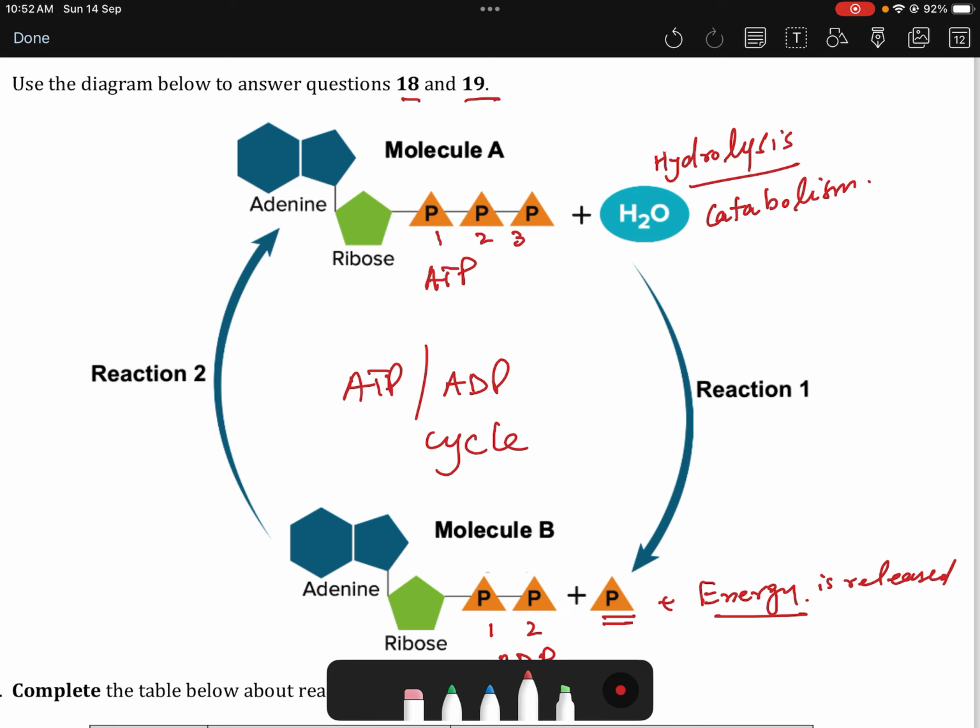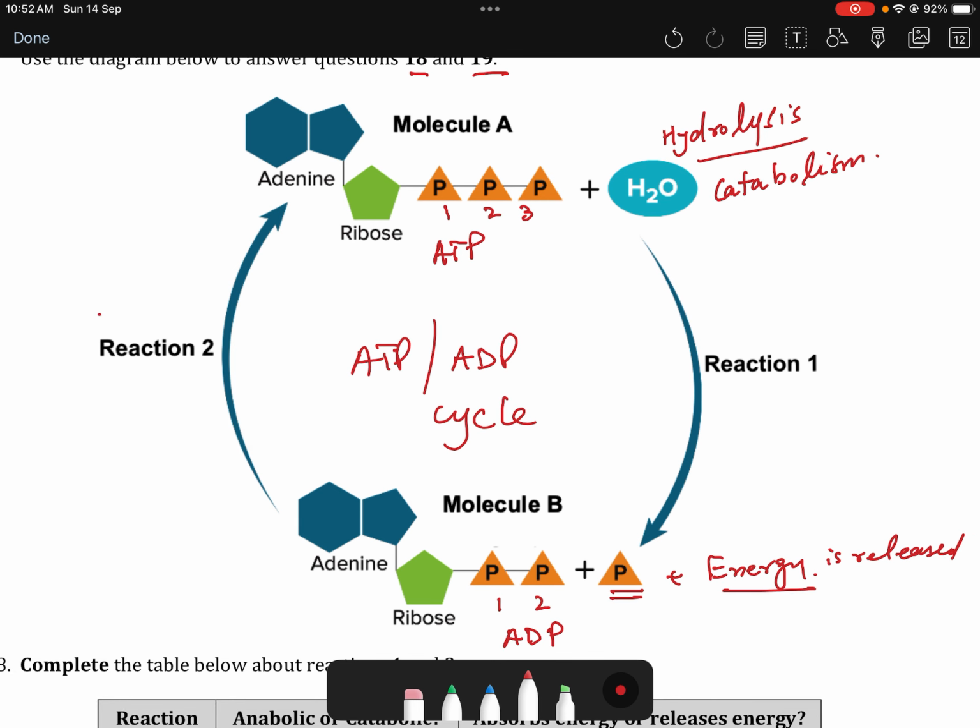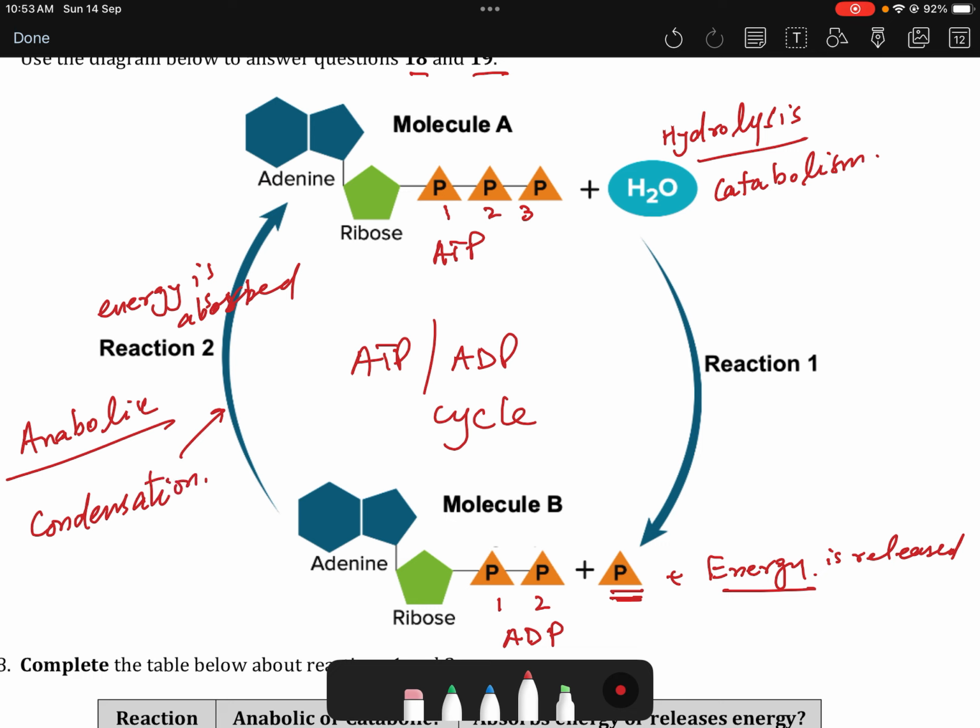Now on the other hand side, you go this way, so energy is absorbed and you add phosphate, and this is an anabolic reaction, or we say it as condensation reaction, because condensation reaction is the same as anabolic. Water is produced in the condensation reaction and energy is used.